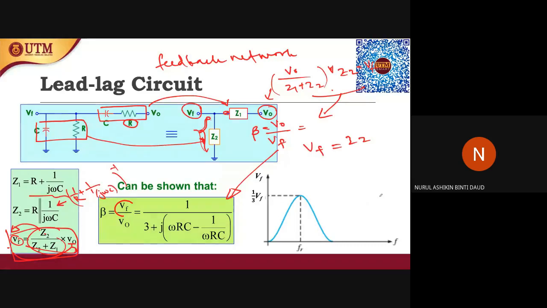Next, for this feedback gain, since there is a j here, this part is imaginary.